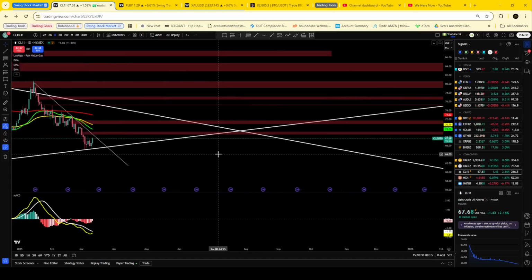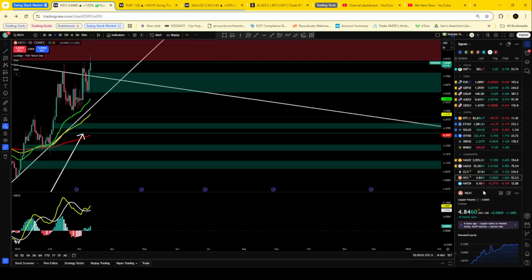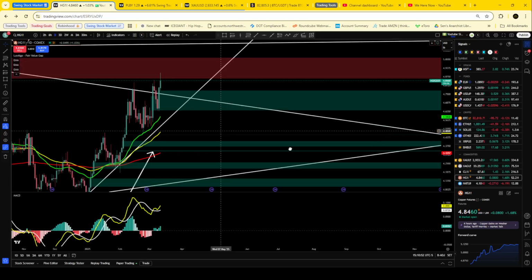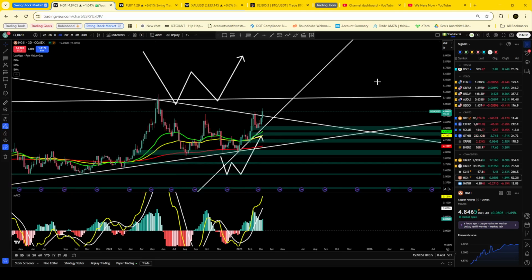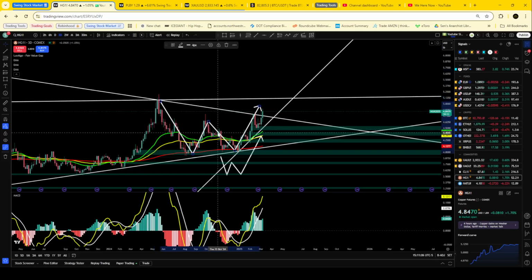All right. Copper. It's basically the same. I made this a while back, and I did it again. That's the double bottom.